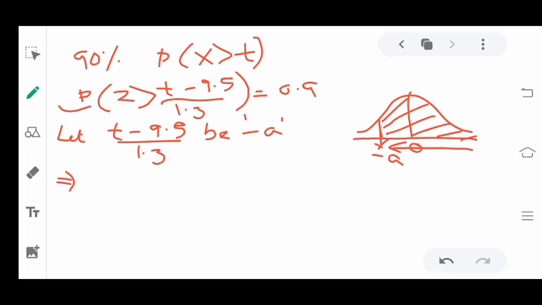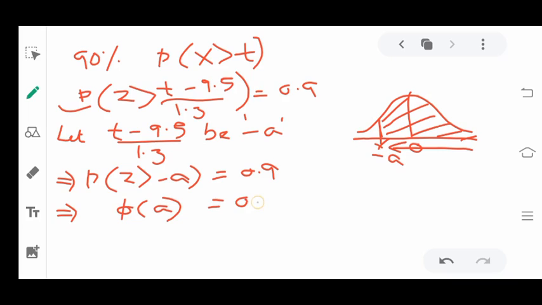Our probability becomes P of z greater than negative a is equal to 0.9. We know that P of z greater than minus a is the same as phi of a. That is 0.9, or a is phi inverse of 0.9, which is approximately 1.282. So the value of a is 1.282.